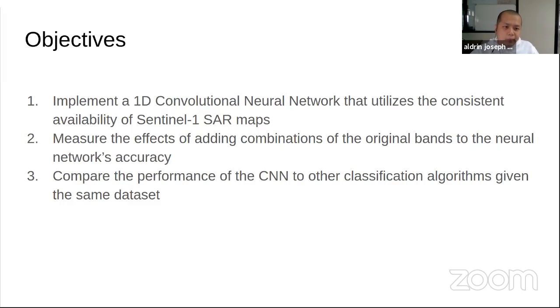The second is to measure the effects of adding combinations of the original bands to improve the accuracy. The idea is to generate more features so the model can learn from them. Third is how it compares to other classification algorithms currently being used for land cover classification.